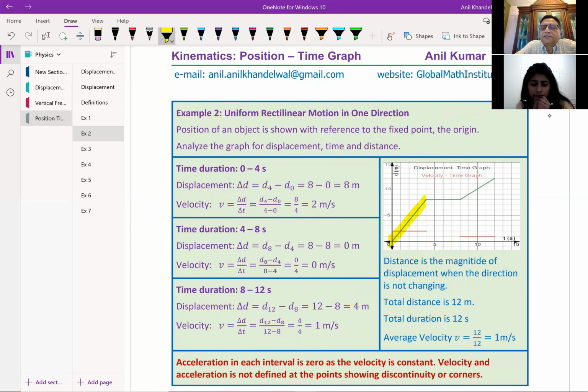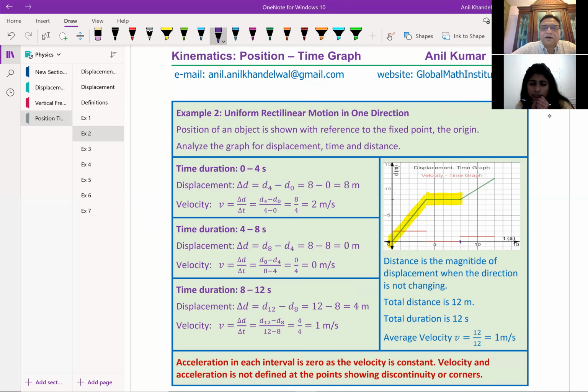Then at one instance, which is t equals 4, the object comes to a standstill. So at this particular point, object is stationary, correct? So sometimes you may have to describe the position time graph. You can say the object is stationary for some seconds, which can be read from this graph, and then again it moves forward. Overall, the object is not turning, but it is only moving in the same direction.